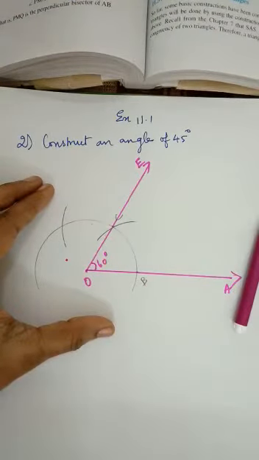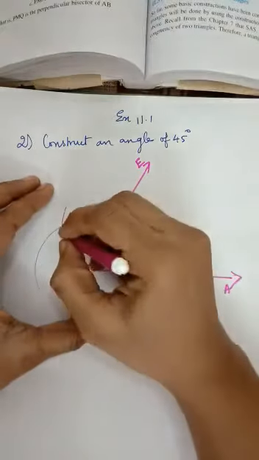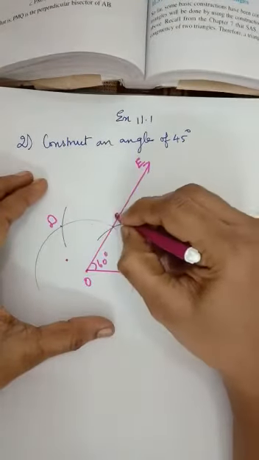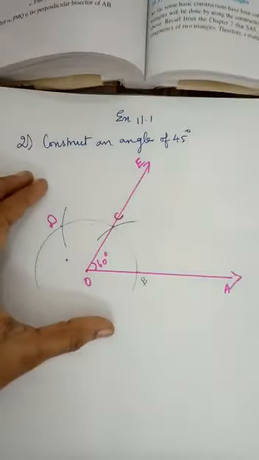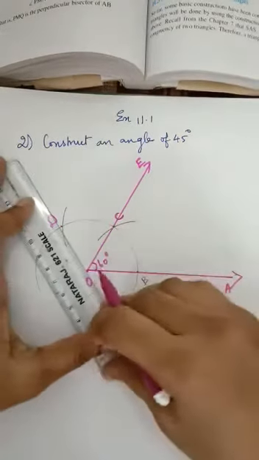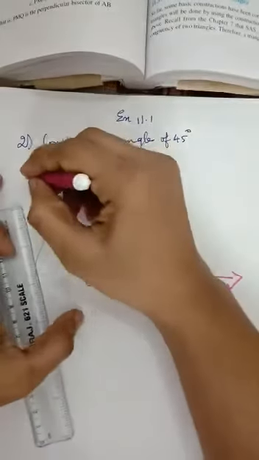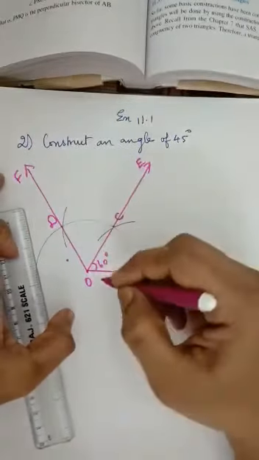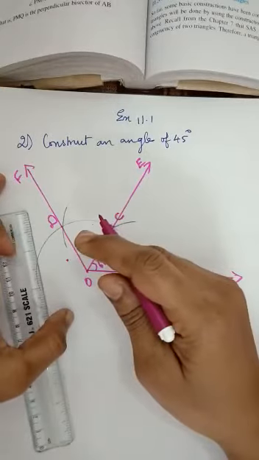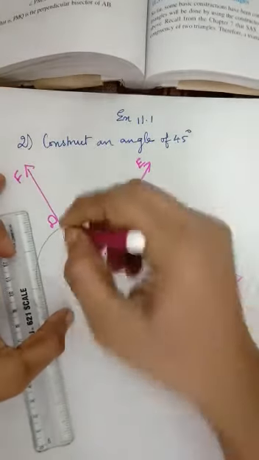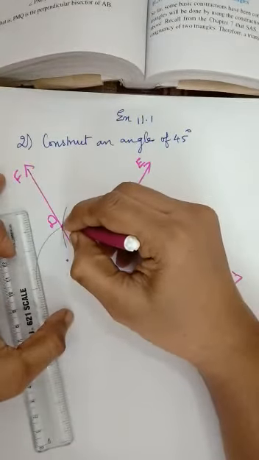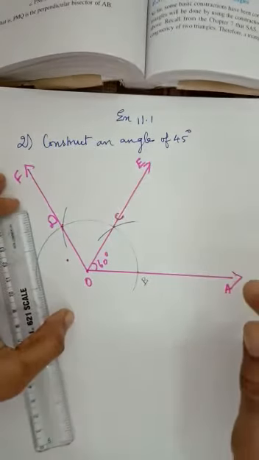This point is D, this is C, this is D. Join DO. This is F. So the ray OF is passing through D. Okay, students, is it clear?